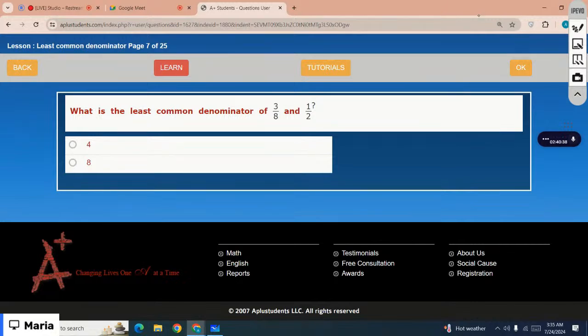Yes, that is 8. The correct option is 8.